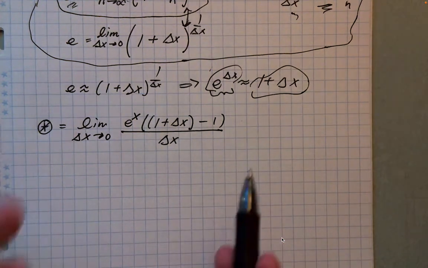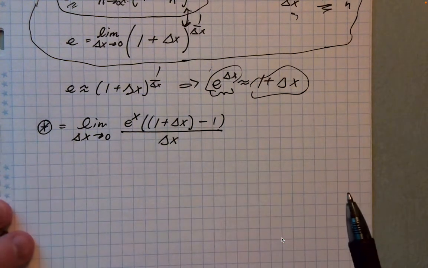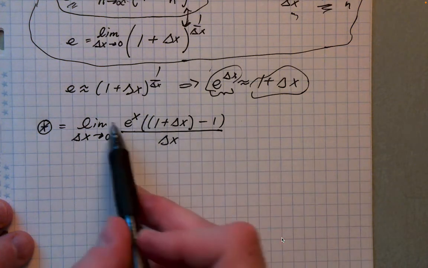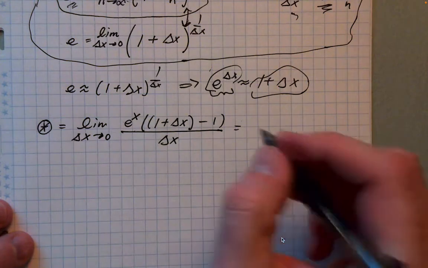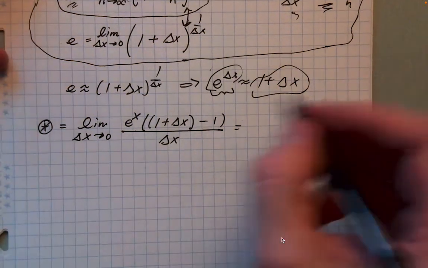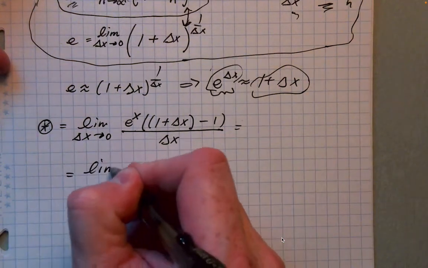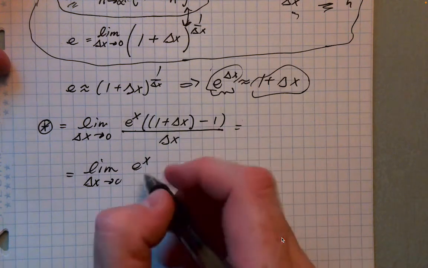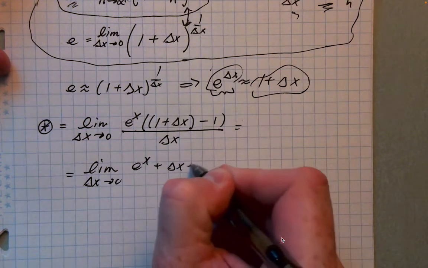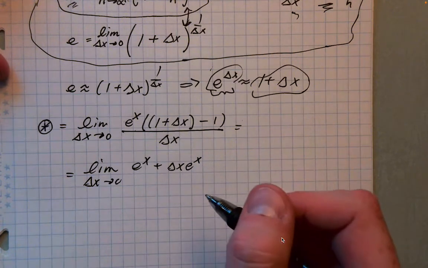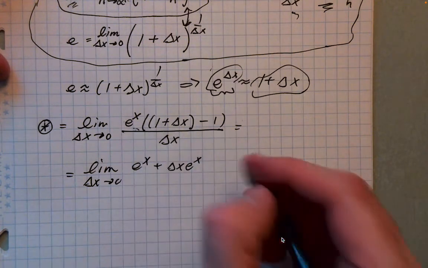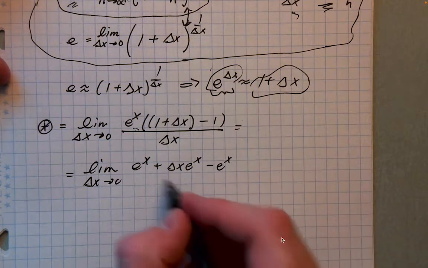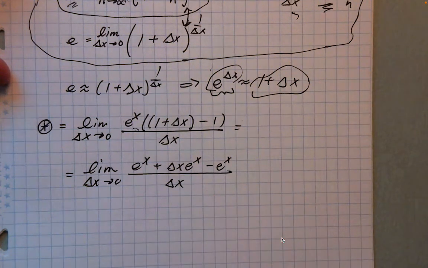Okay, so that's looking good so far. All right, and we can just distribute the e to the x here. We can expand this numerator and do some cancellations. So the limit as delta x goes to 0, and so you'd get e to the x plus delta x e to the x, right? And then multiply the e to the x by the minus 1, so minus e to the x, and then the whole thing divided by delta x.